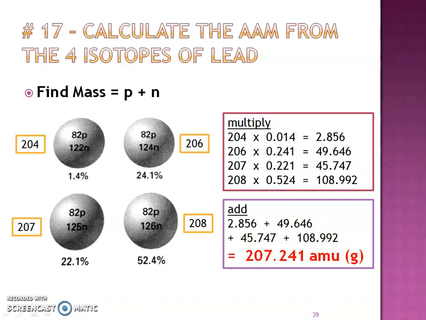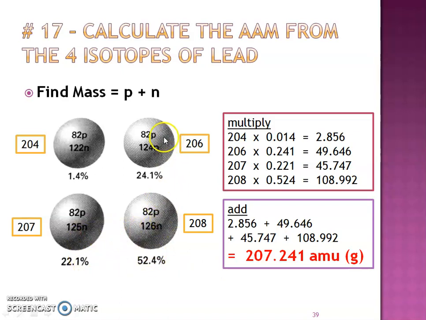And as another reminder, there are 2 checkpoints here, right? The average atomic mass should look like an average, so it should be between 204 and 208, which it is. And it should be closer to the isotope that has the most abundance. This one might be a little tricky because there are 4 isotopes, so it's going to be between 207 and 208.